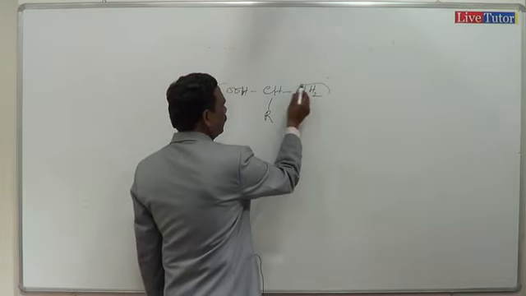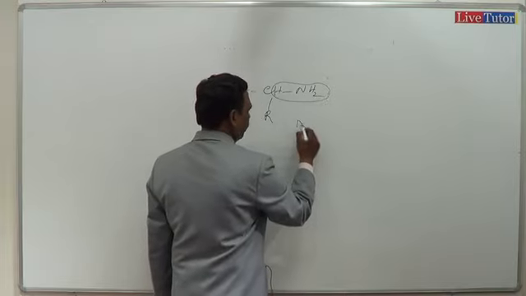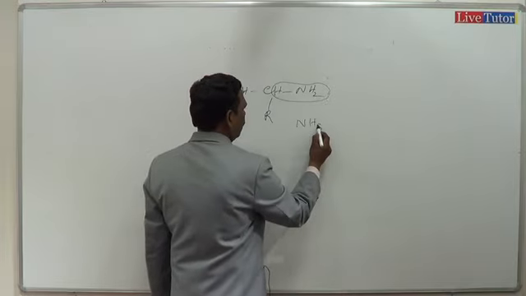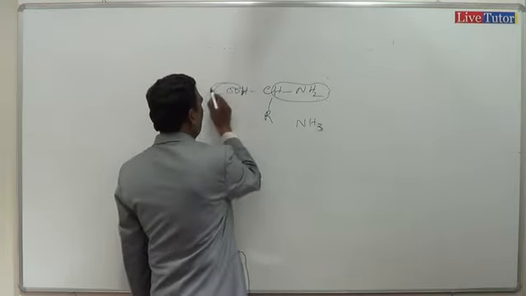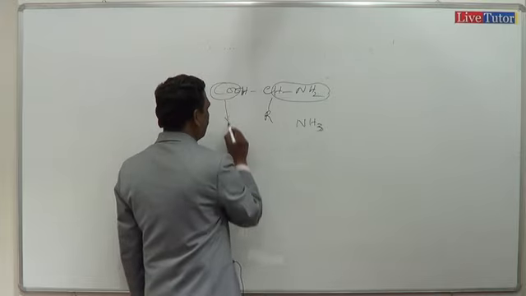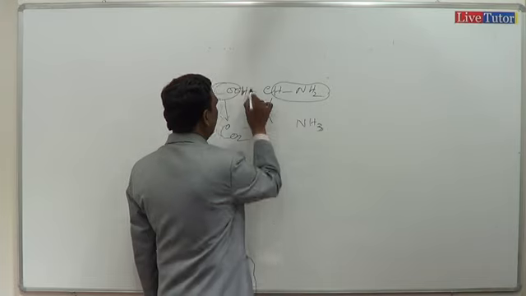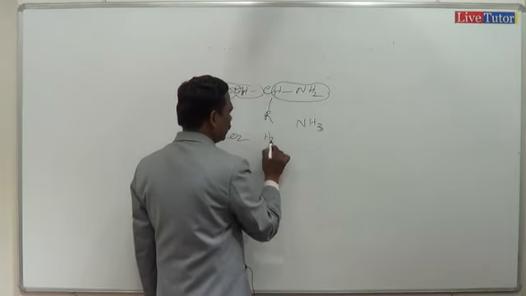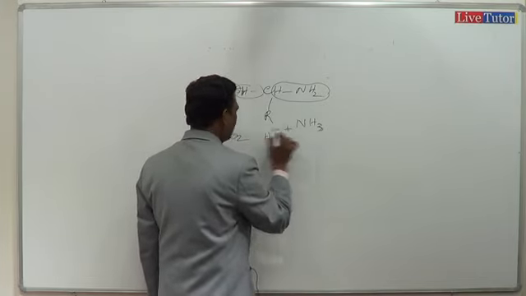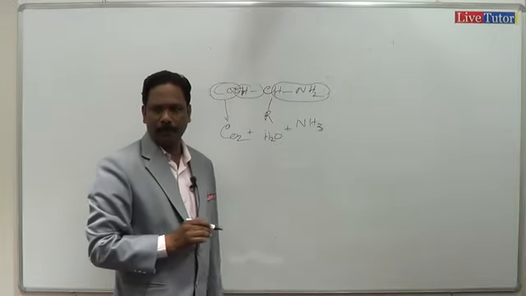This amine group join with one hydrogen to form ammonia. Then this carbon and oxygen join to form carbon dioxide. Then hydrogen and oxygen join to form water. So these are the byproducts produced during the protein metabolism.